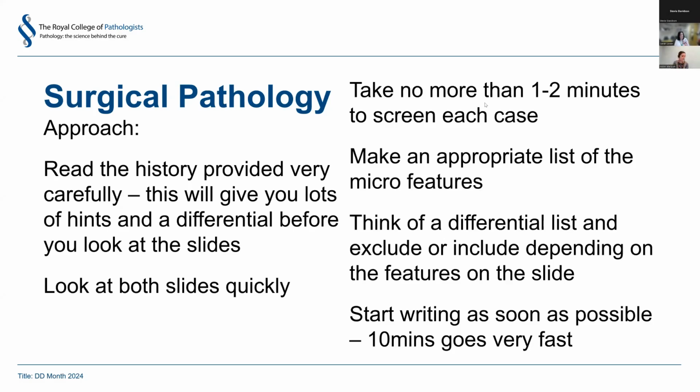So start thinking about what we could possibly be putting on the H&E for you. If I was going to give you some tips, I would look at both slides quite quickly. You'll probably find one, hopefully, that you go, yep, I know what that is. I can see all the features that I would like to see. And the other one you might struggle with. So it's usually quite helpful to give you some idea of which one might take you a little bit longer.